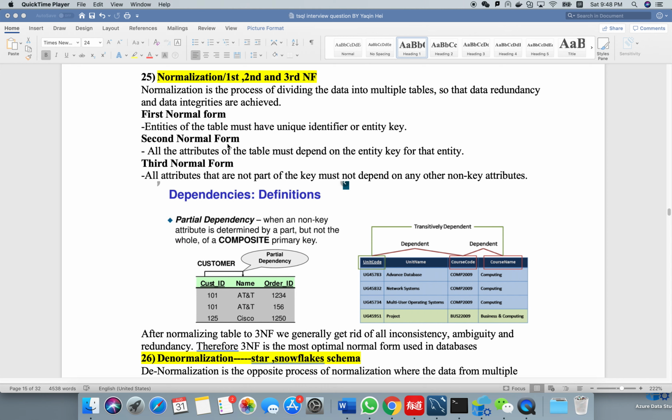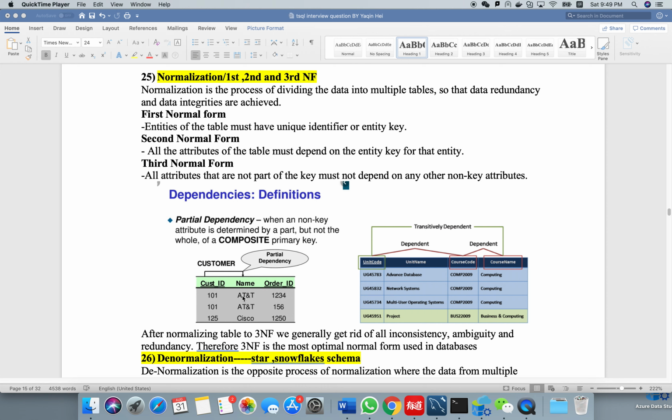For the second normal form, it's based on the first normal form, and it cannot have composite and partial dependence together. For partial dependency, for example, the name depends on the customer ID.